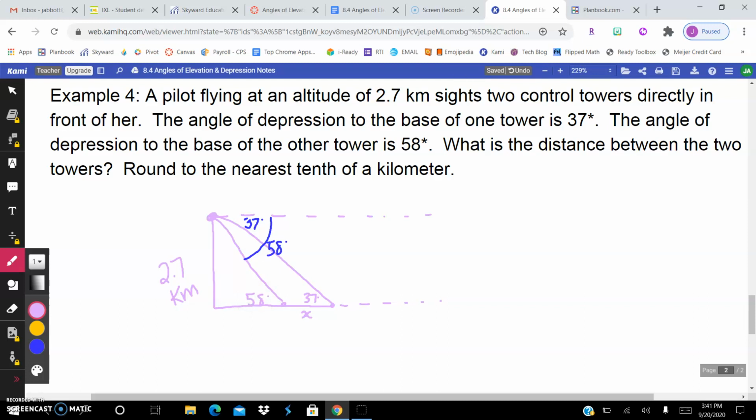We are trying to find that x value. In order to find x, we're going to need to know the y value, and we're also going to have to know this entire distance, which we'll call z for now. All right, and I'm going to erase some of these dots so I have more room to work.